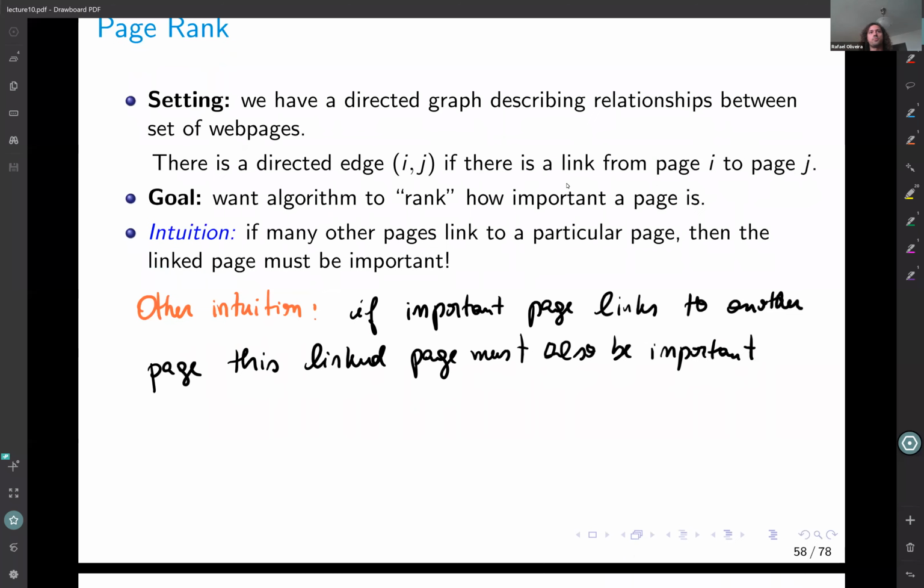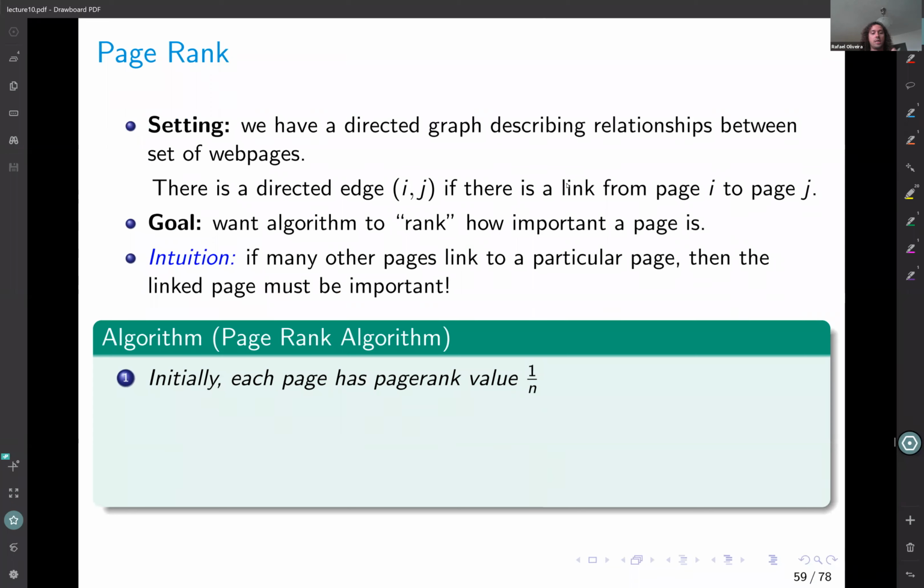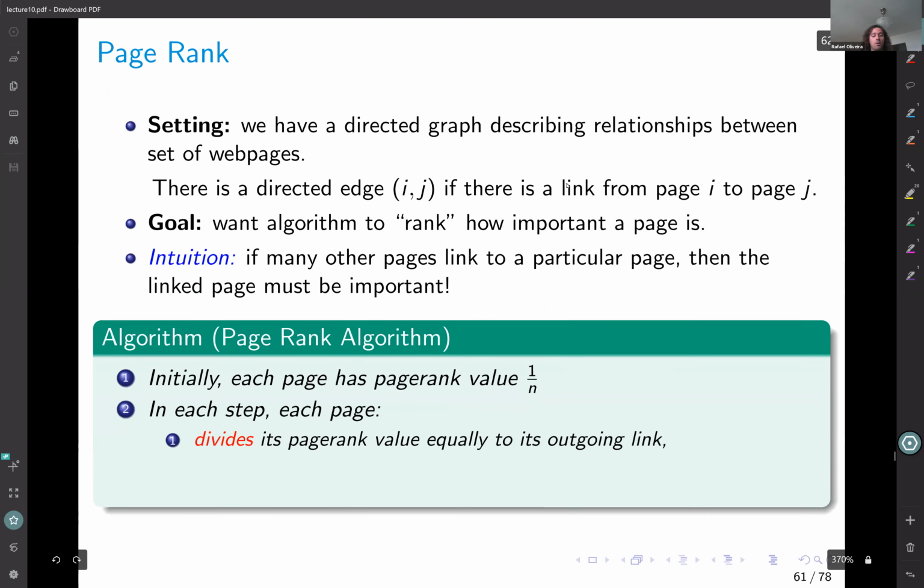So initially we just say each page has the same rank value. And now in each step, for each page, we divide its page rank value equally among its outgoing links.